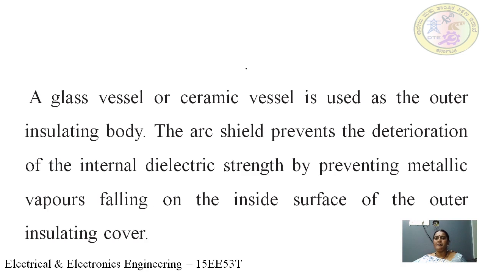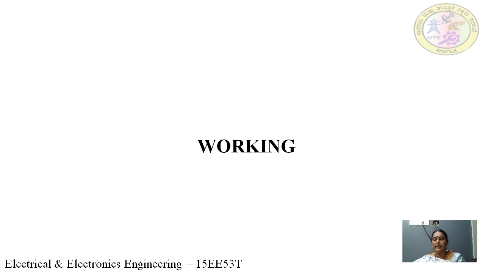A glass vessel or a ceramic vessel is used as an outer insulating body. The arc shield prevents the deterioration of the internal dielectric strength by preventing the metallic vapor falling on the inside surface of the outer insulating cover.